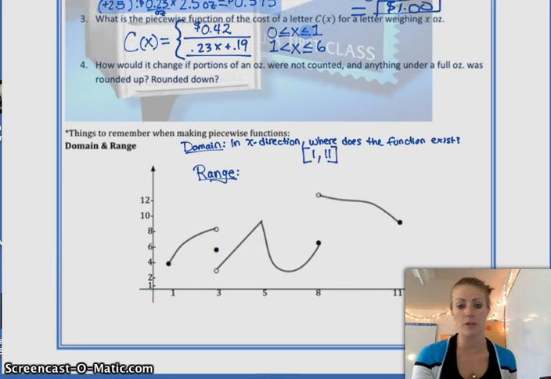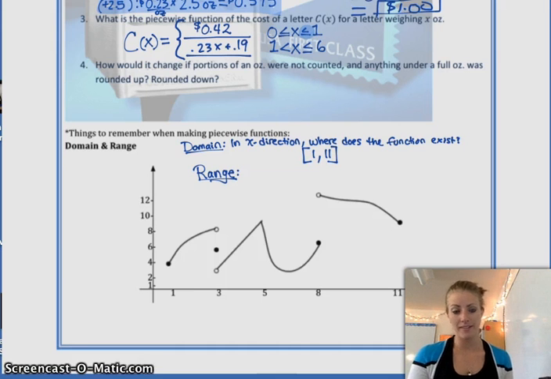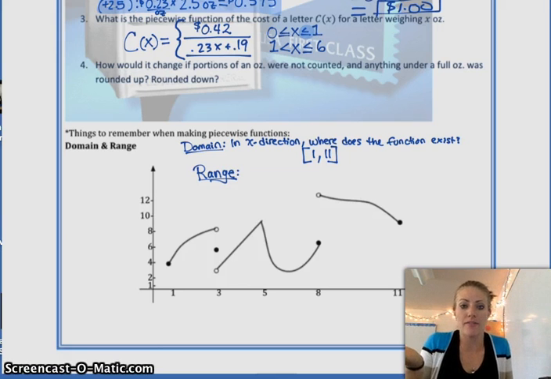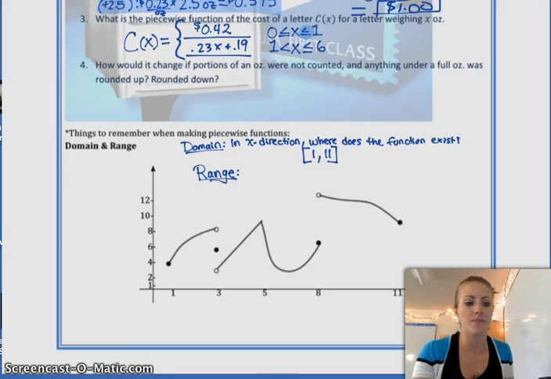The range is going to be the same question, but in the y direction. Instead of walking along the x-axis, I'm going to be flying up the y-axis from negative infinity to positive infinity. I want to see, where does the function exist?